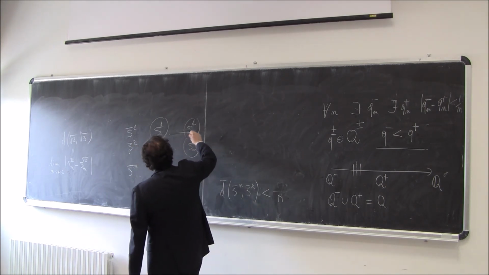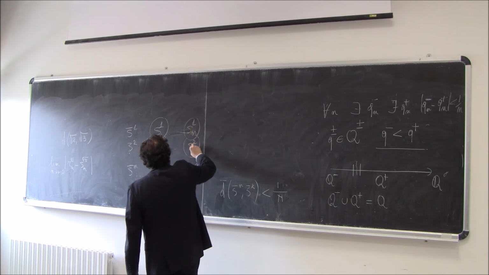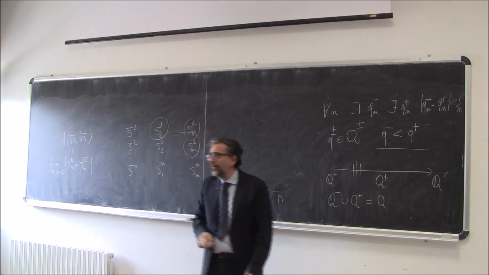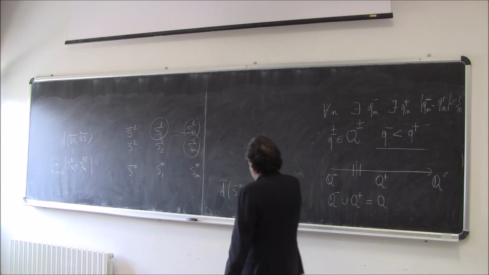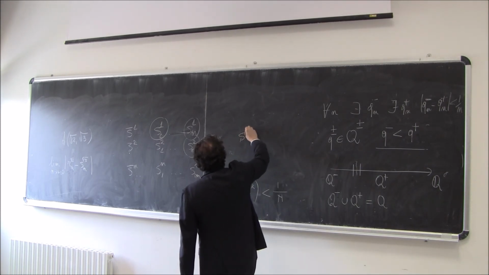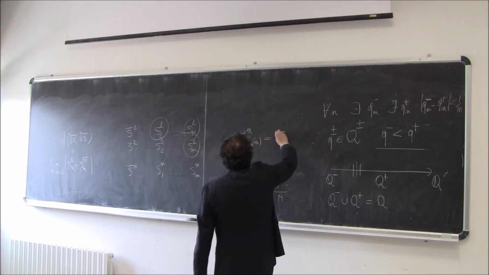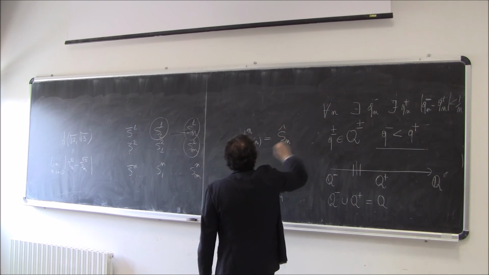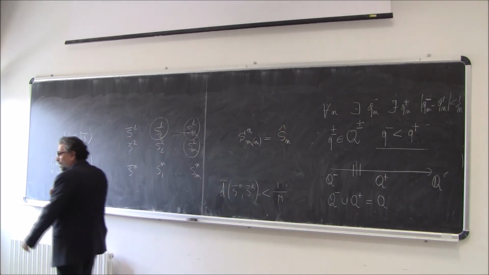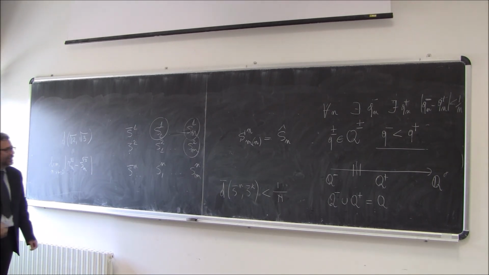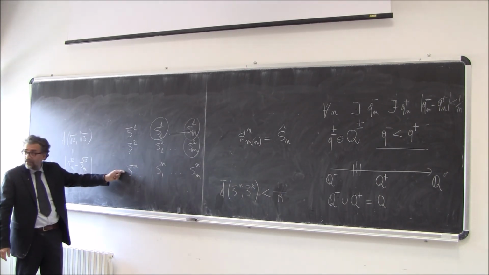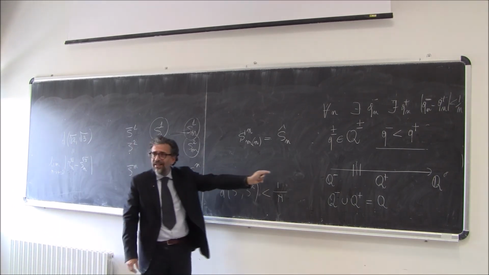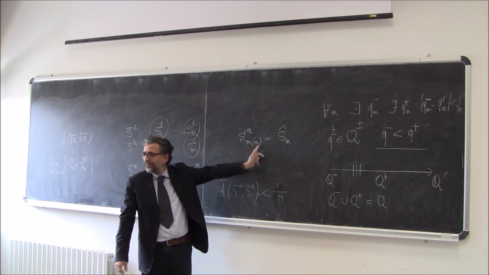Here, I should have chosen, so correct it, M. So, if you go, you find that I can build a Cauchy sequence S hat of n, choosing for the sequence n an element which is far enough, which I call M of n.